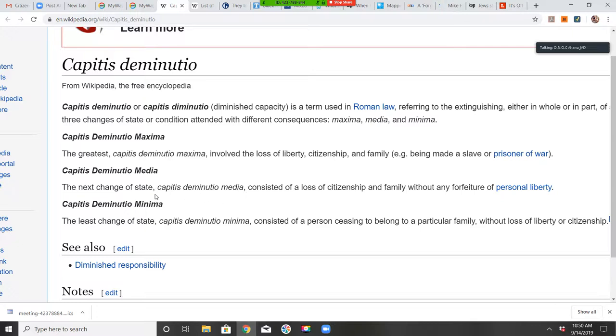Because if you knew that a prisoner was just a slave but a voluntary one, and that he loses all of his rights, loss of liberty, citizenship, everything, then we would know for sure that he don't have the rights to vote. He don't have the rights of nobody. He don't have no rights that people that are free have.